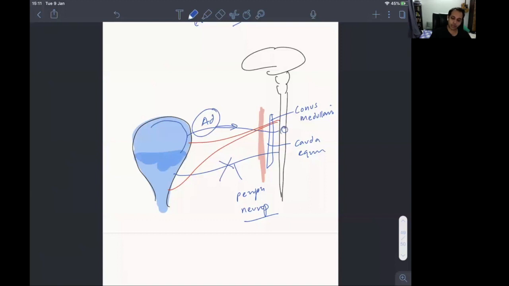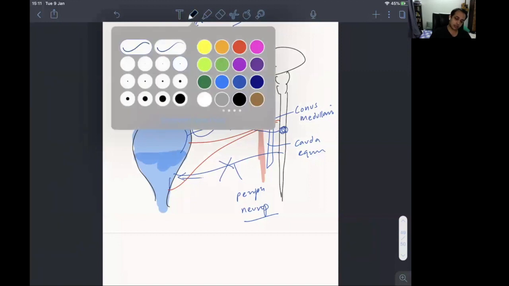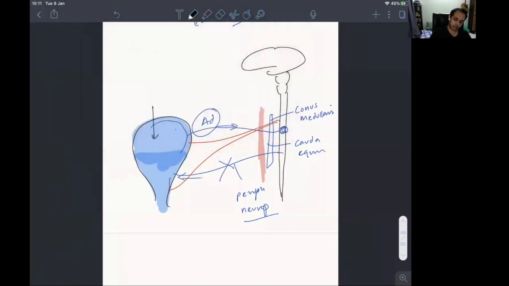So even if the spinal cord knows that it is getting filled, it is unable to send the return signal that you can void now. Either way, there will be highly increased bladder volume. There will be a lot of post-void residue. And how does it void? There will be overflow incontinence.